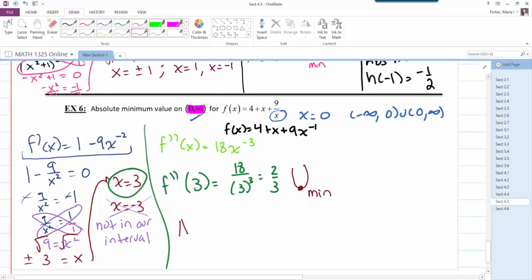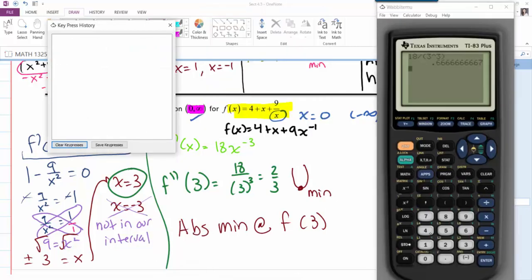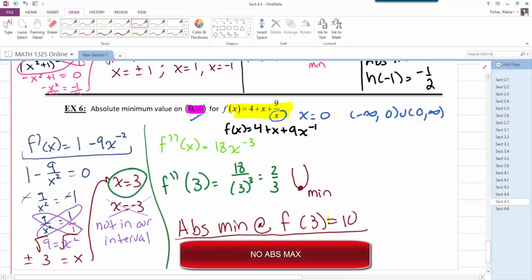Therefore, we have, in this case, an absolute minimum at f of 3. Again, we're going to need to plug it back into the original function to find the y value. So, plugging it back into our original function, we get 4 plus 3 plus 9 over 3, which is 10. So, f of 3 is equal to 10. And since I only have one critical number, I know this is my absolute min, and therefore I'm not going to have an absolute max.